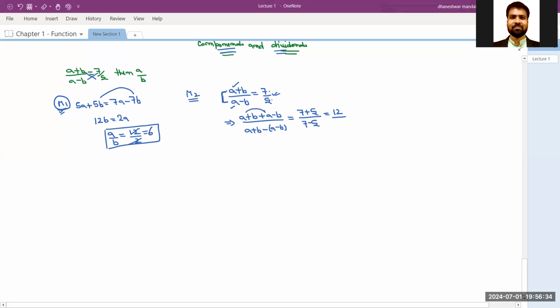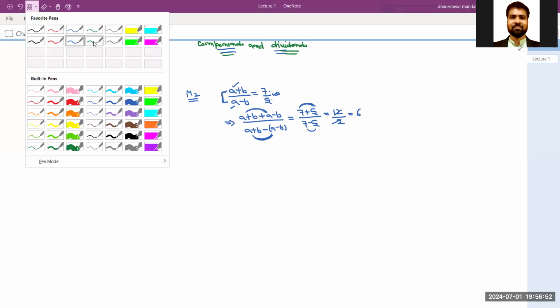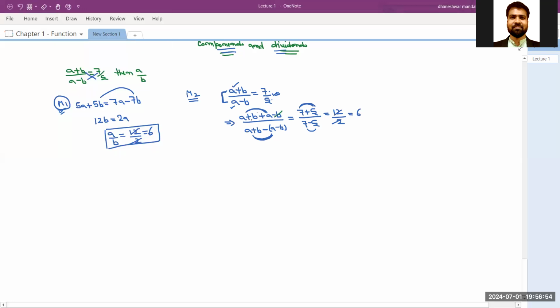I am going to add numerator and denominator here and subtract numerator and denominator. Similarly, I have to do the same step here: add both terms and subtract both terms. So see, here I get 12 and 2. Here minus b will be cancelled with b and a will be cancelled with a. Then here I get 2a, and from here I get 2b. So cancel this 2. So from here I get a by b is equal to 6.